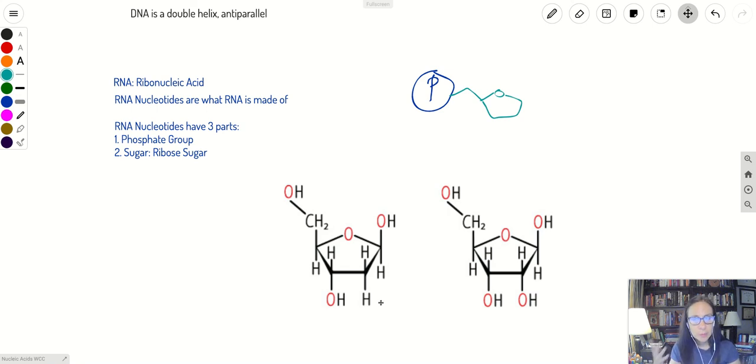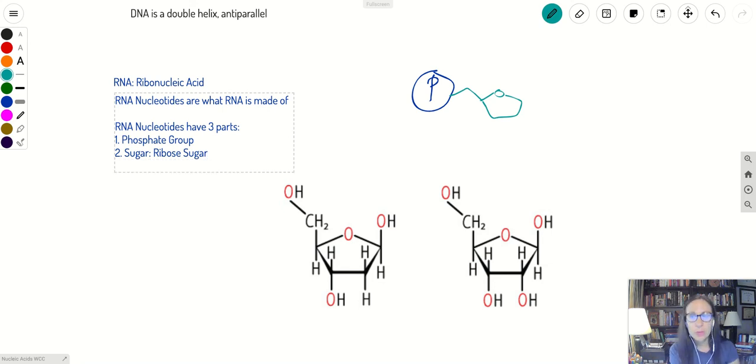If you think about the name, deoxy means without oxygen. De means to get rid of, and oxy means oxygen. So deoxyribose means it's a ribose missing an oxygen. Here's the ribose sugar, and here's the deoxyribose sugar. It's without one oxygen, which is here. You don't have to know the details of that, but I just wanted to show you.